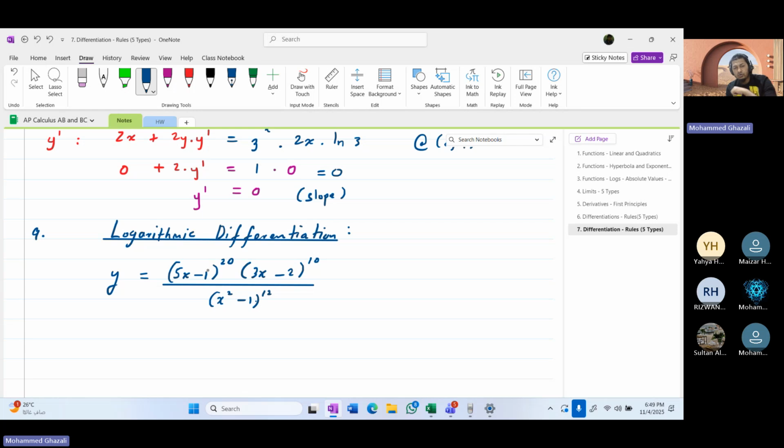You can't do product rule mixed with quotient rule. The problem will become too difficult. So what we do is logarithmic differentiation. We take ln of both sides, okay?